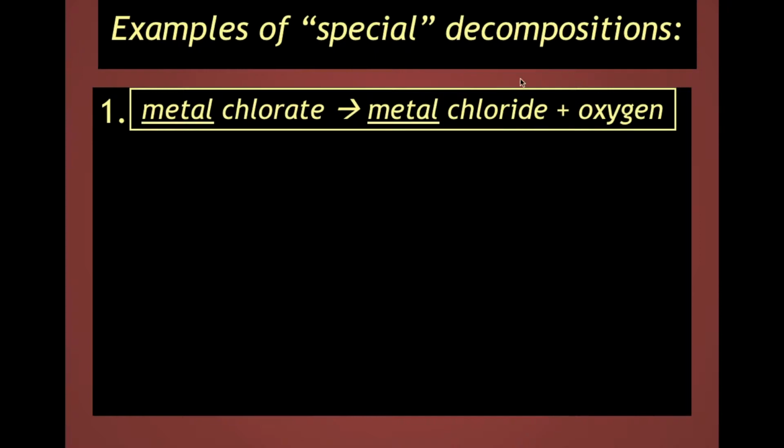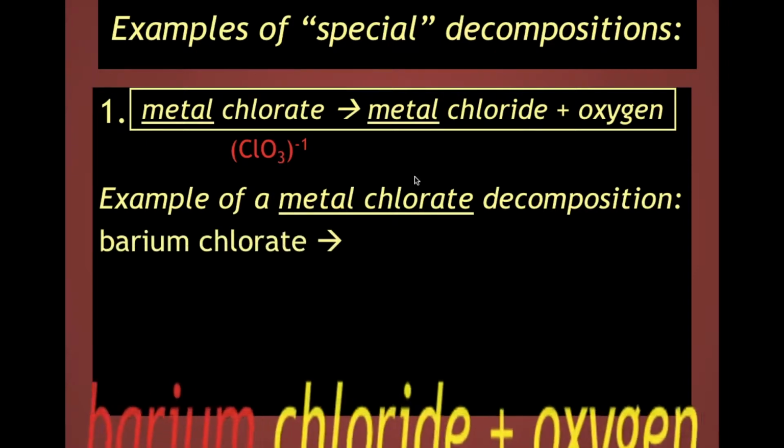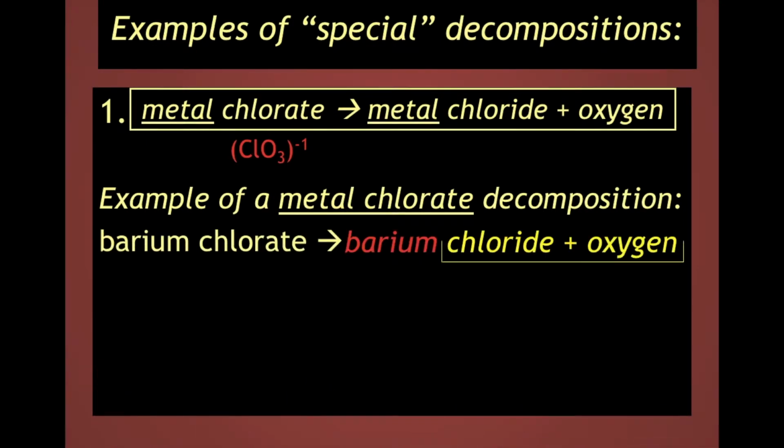This ending will always be here, and you just change the metal. So chlorate is on the polyatomic ion list, so for an example, you have barium chlorate. Barium would be your metal here, you just transfer it here, and then you add chloride plus oxygen. Just like up here, this is always part of the product right here.